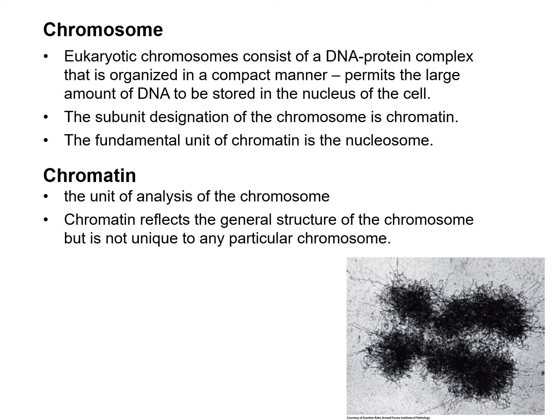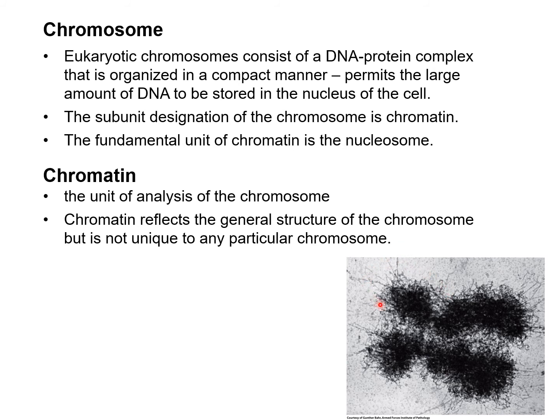The subunit designation of the chromosome is chromatin. The fundamental unit of chromatin is the nucleosome, which is the first level among the hierarchical organization of the chromosomes. Chromatin is the unit of analysis of the chromosome, and it reflects the general structure of the chromosome, but it's not unique to any particular chromosome.